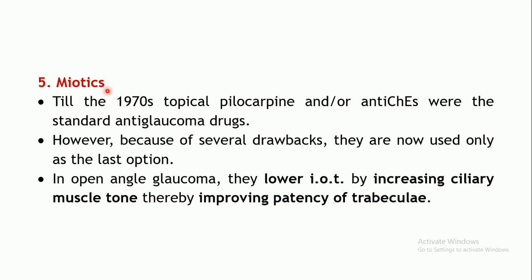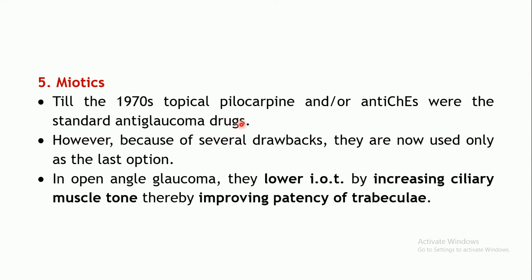Then the next class is miotics. As I told you initially, miotics were quite popularly utilized, for example topical pilocarpine and anticholinesterases. These were standard anti-glaucoma drugs, but because of several side effects and drawbacks, they are rarely used nowadays.